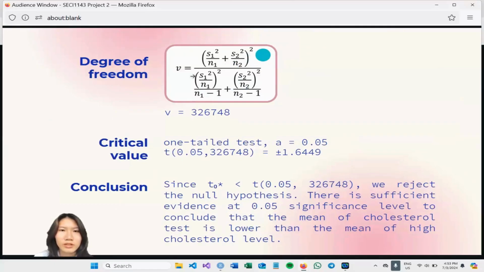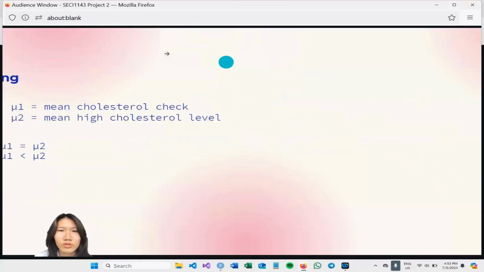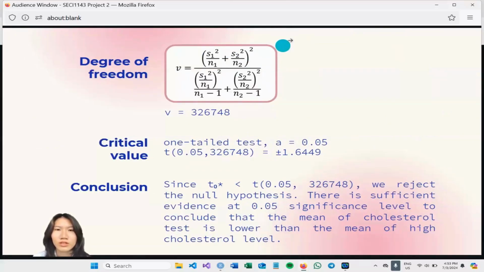By plugging in the formula, with the sample standard deviation of each sample, we obtain the degree of freedom, which is this value here. And then from this value and also the significance level, we can obtain the critical value. Therefore, we can draw the conclusion here.